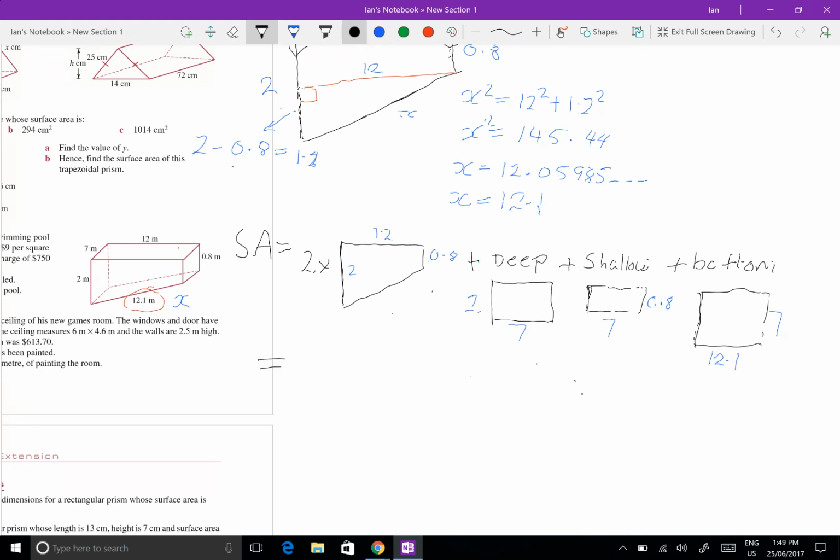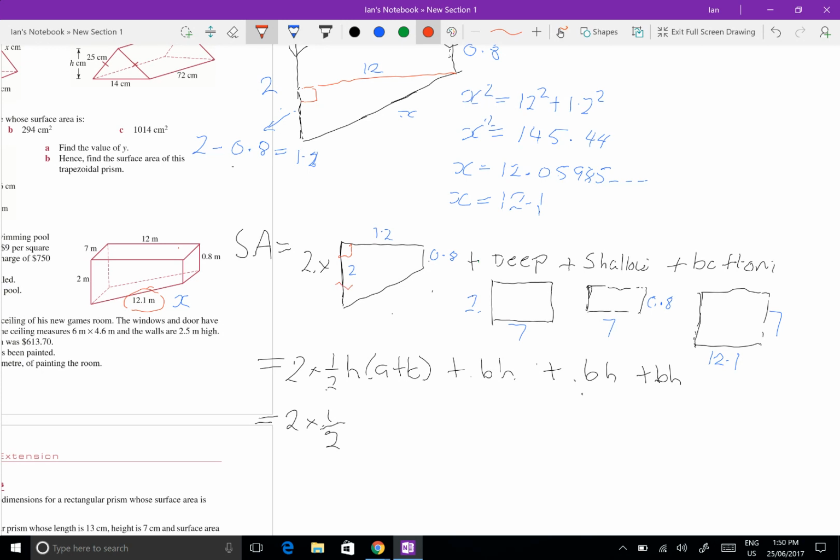Now this trapezium is the hard bit. The 3 rectangles are easy. Remember, the formula is a half h times a plus b, and these are just bh, bh, and bh. So 2 times a half, now the height in that trapezium is 12.